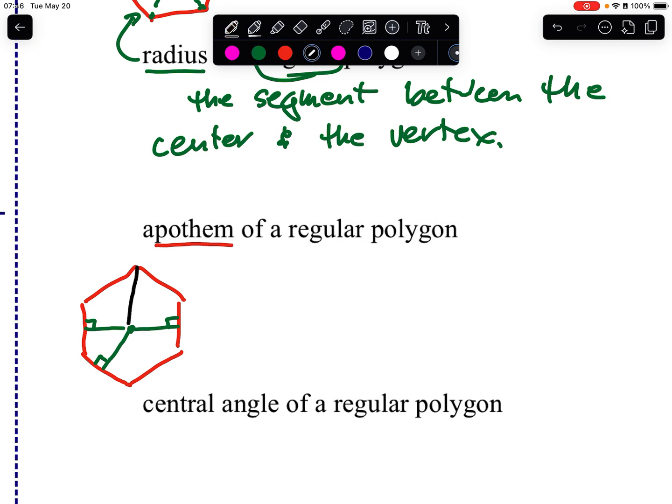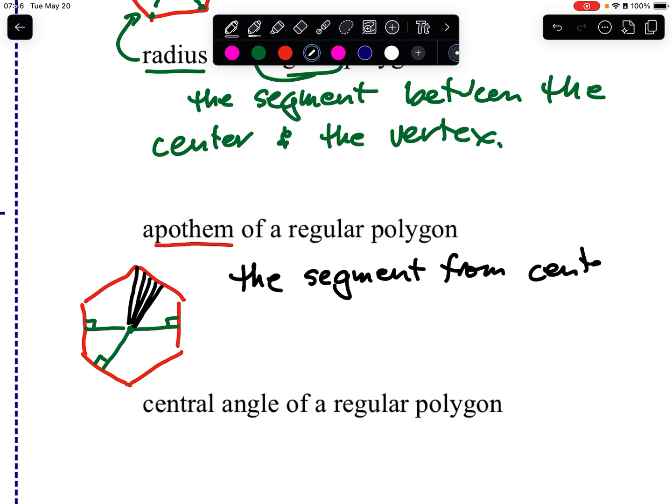If you think about all these different lines that we could draw to the edge, the apothem is the shortest one. So it is the segment from the center perpendicular to the edge.